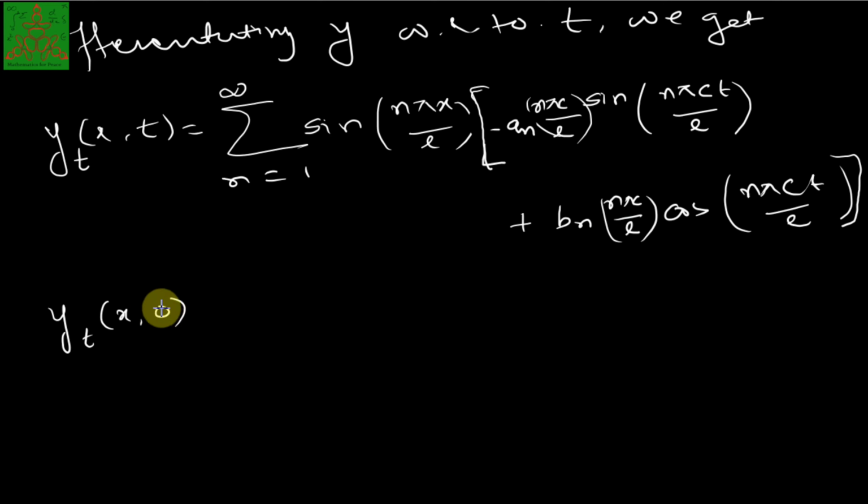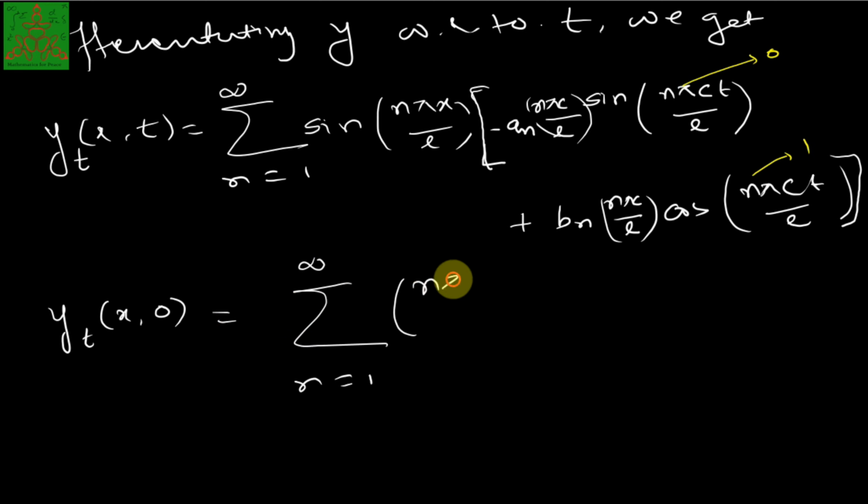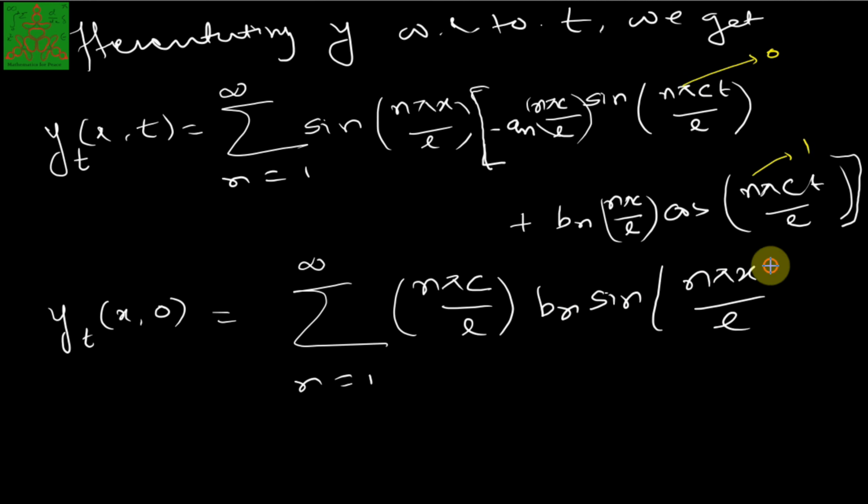Substitute t equal to 0 here. In this case, the sine quantity will become 0 and the cos quantity will become 1, because sine 0 is 0 and cos 0 is 1. So this gives me the summation, n running from 1 to infinity, of n pi c upon L bn sin(n pi x upon L). This is equal to g(x).